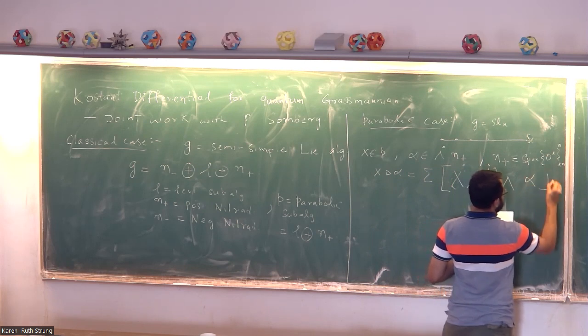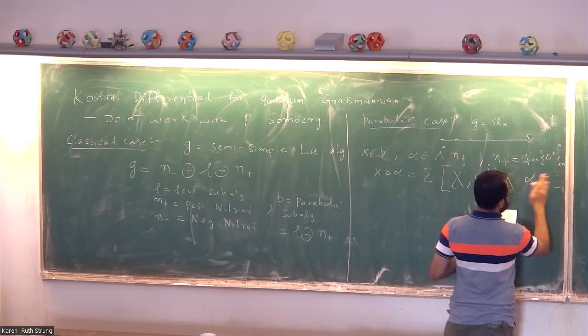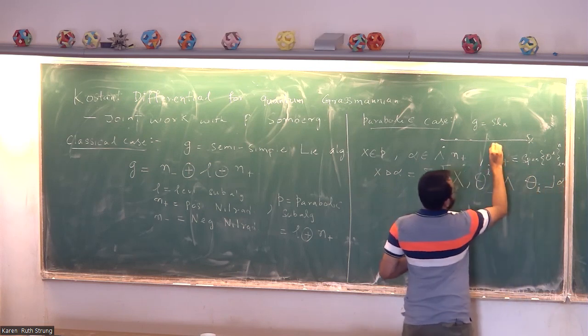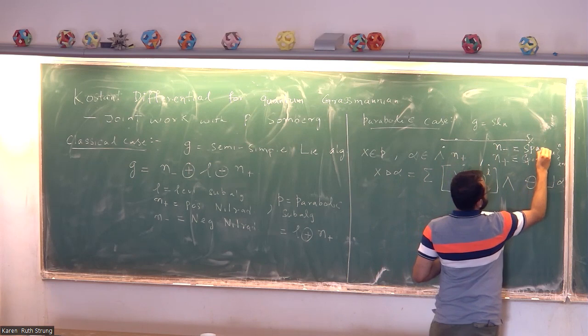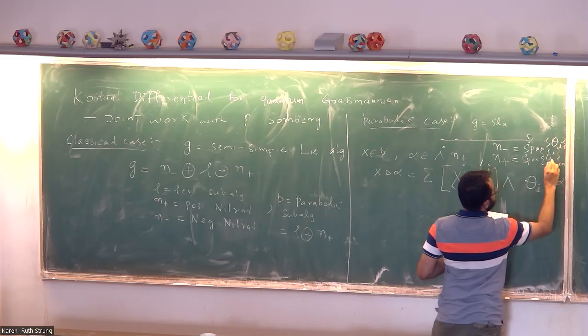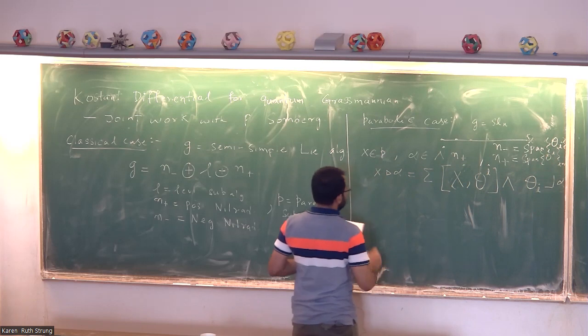This is the contraction map, theta i with alpha. Also n minus is spanned by the dual elements, which I call theta lower i. This is theta upper i and theta lower i.